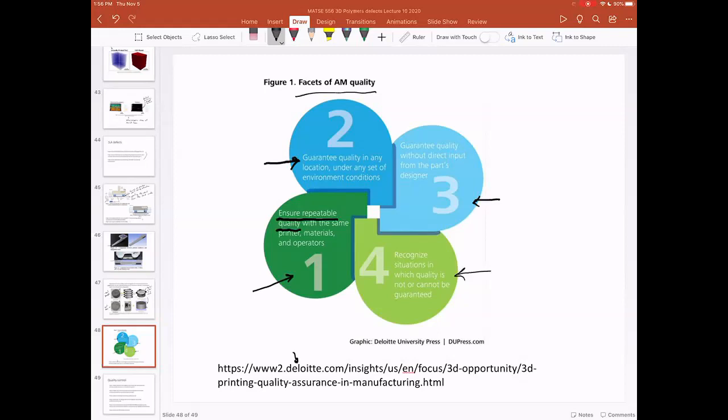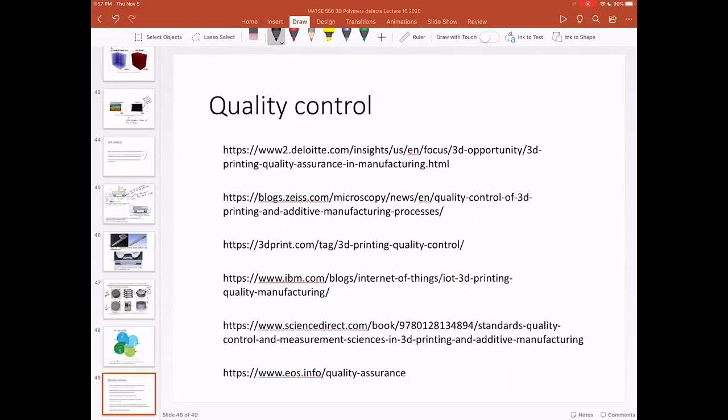And so this is something to think about as you think about what would it really take to deploy additive manufacturing for hearing aids or for automobiles or for cell phones or something else. And if you ever work in an industrial facility, you'll hear a lot about quality, including standards, ISO standards and things like that.